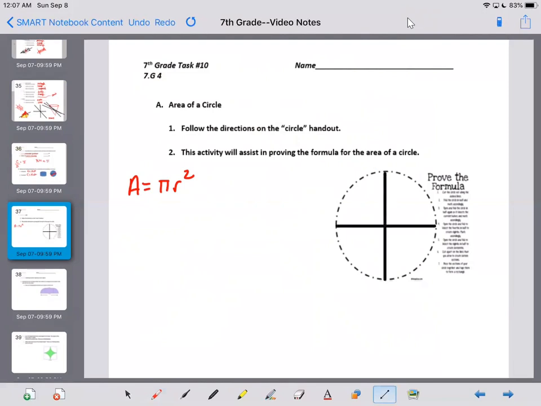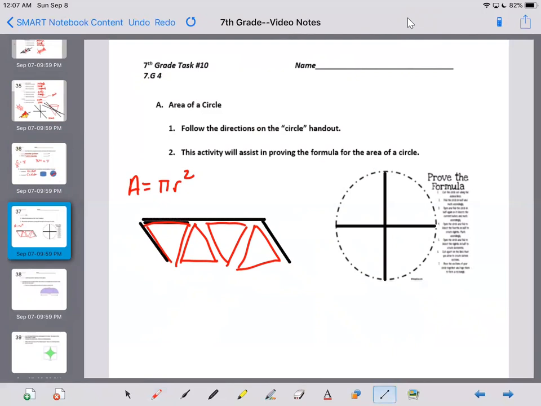So if a student cut a circle into four sections, well, then what you're creating is only 4 pieces of the circle. When you cut those out and arrange them, what you're noticing is that you are creating a parallelogram.